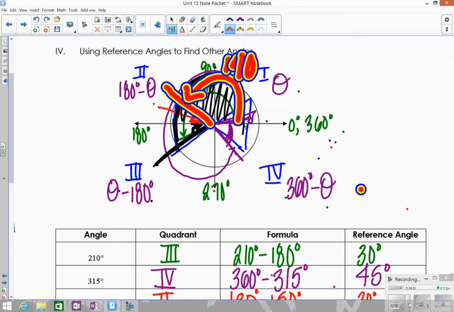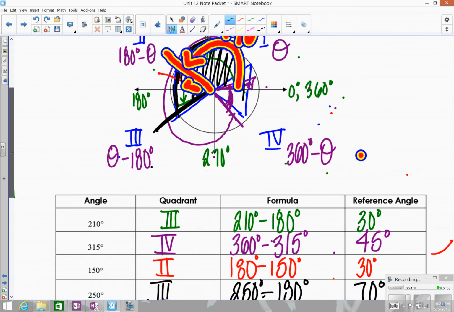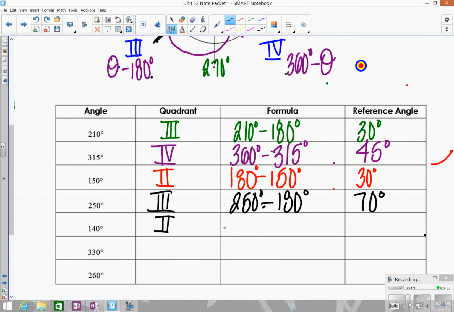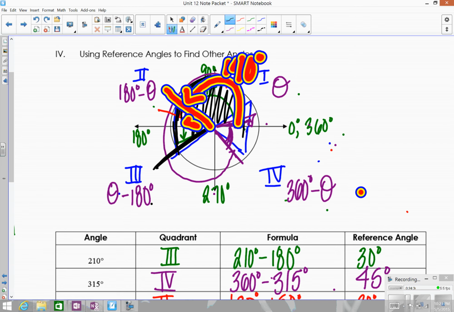So this would be my reference angle. So I'm going to do 180. It ends up in the second quadrant. I'm going to do 180 minus the part I don't want, which is 140. That leaves me with my reference angle of 40. 330 is the next one. So let's look at that one.